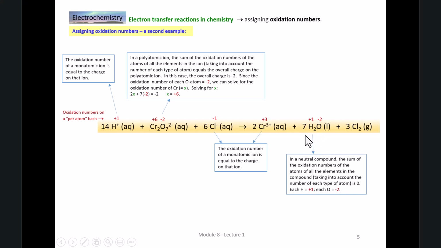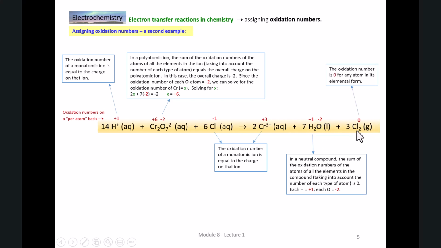So all the oxidation numbers, taking into account the number of atoms of each element, have to add up to 0. 2 times a plus 1 minus 2 will add up to 0. And finally, this is chlorine in its elemental form, so the oxidation number would be 0.